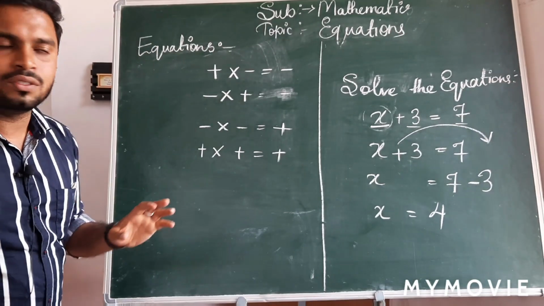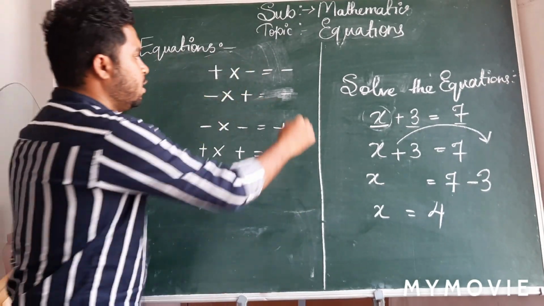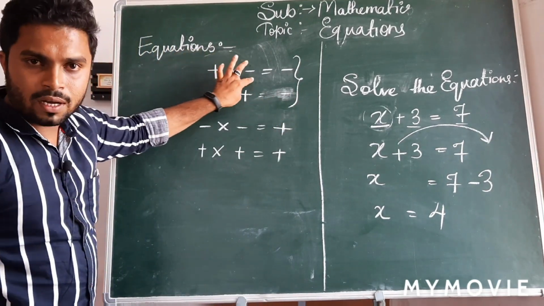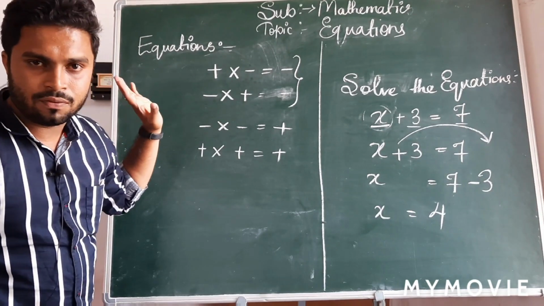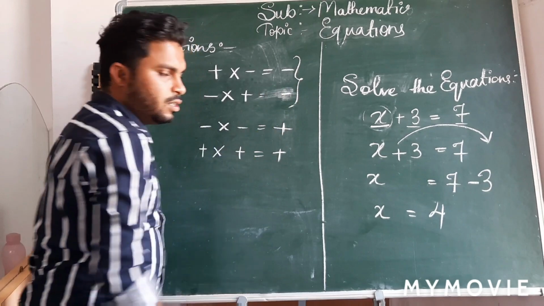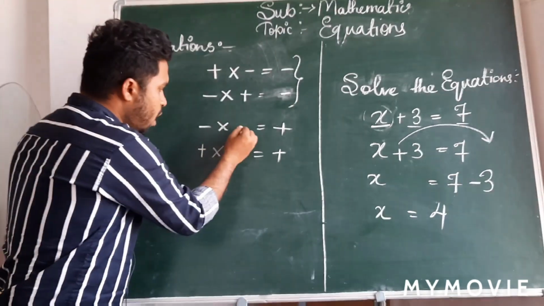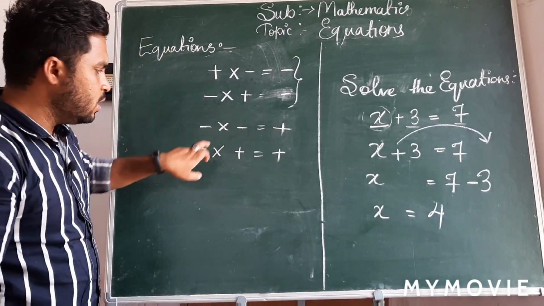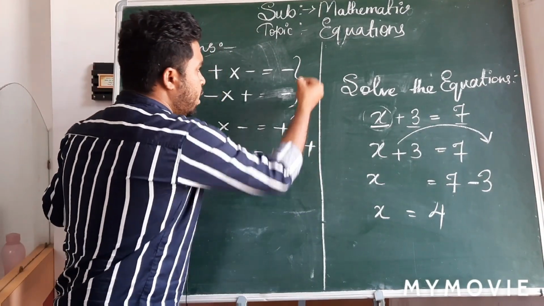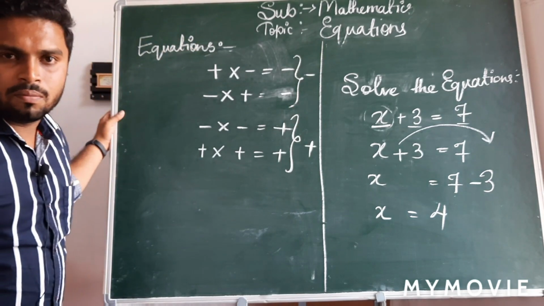How do you remember this, students? The easiest method is, see, here you have different signs, plus minus, minus plus. For different signs you are going to do minus. Then here you have the same sign, minus minus, plus plus. Here you are going to do plus.